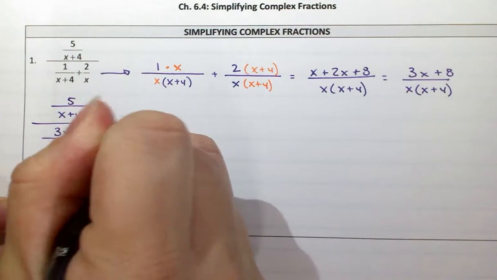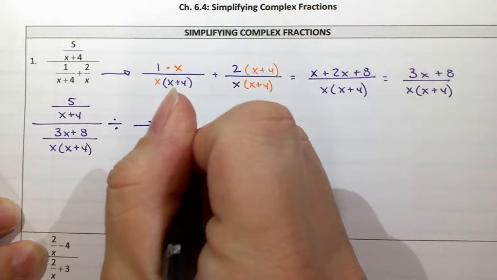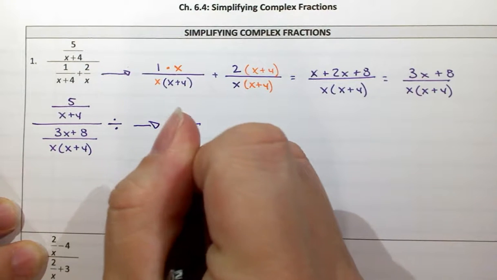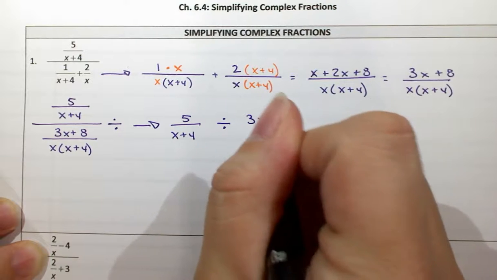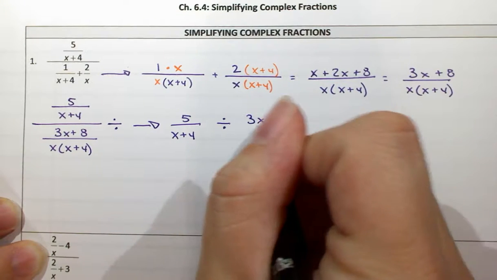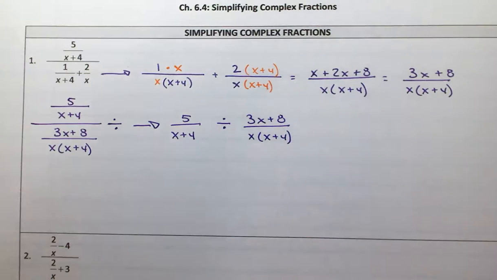Because remember that this guy right here simply means divide. So this is going to become 5 over x plus 4 divided by 3x plus 8 over x times x plus 4. And notice everything is actually already factored.